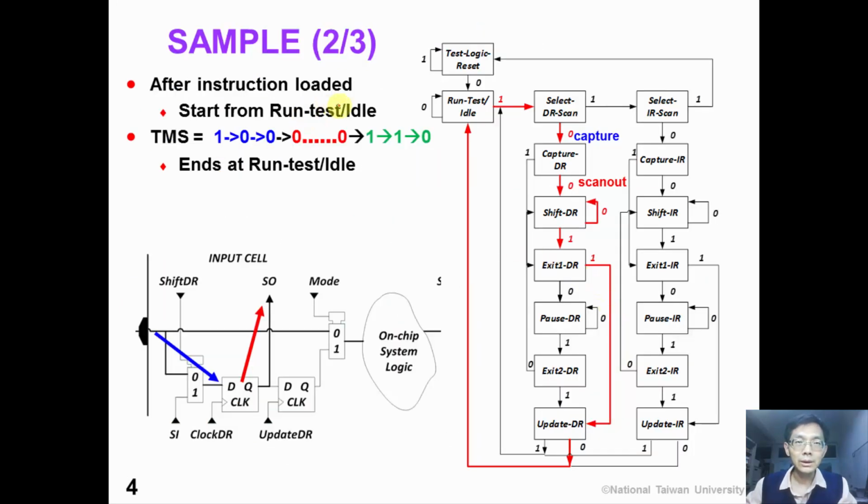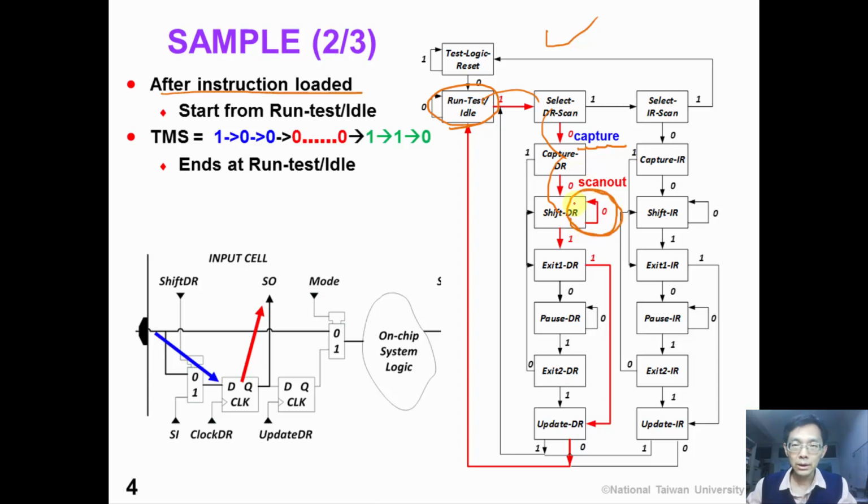So now, on this TAP controller state diagram, suppose that we already load the sample preload instruction. Now we start from the run test idle state. We apply the TMS sequence of 1, 0. At this time, we capture the system I/O pins value, and then one more 0.